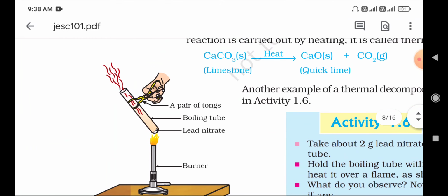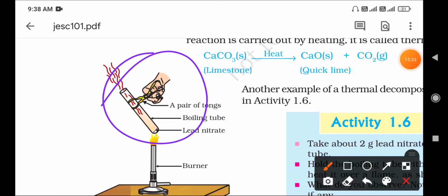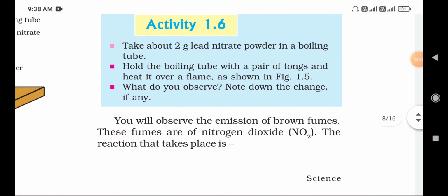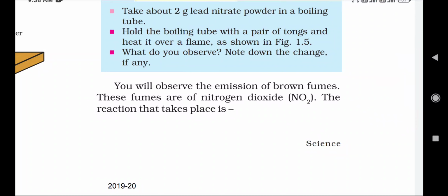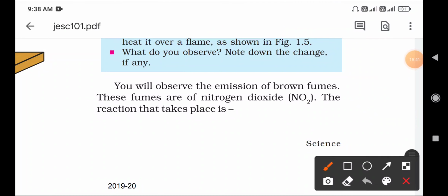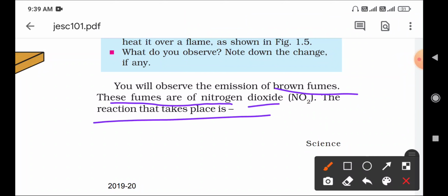So what will be the changes in this diagram? What we observe here is the emission of brown fumes. These fumes are of nitrogen dioxide. Remember, a question arises here: what happens when lead nitrate is heated?